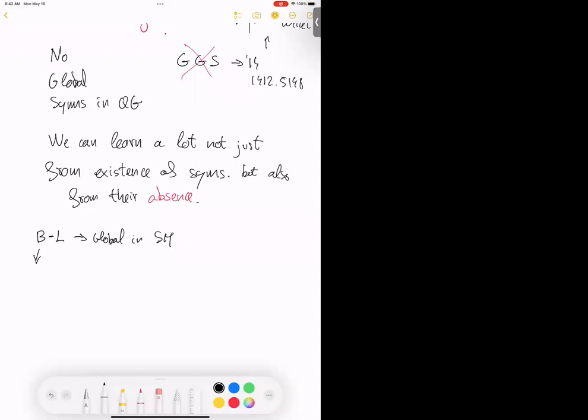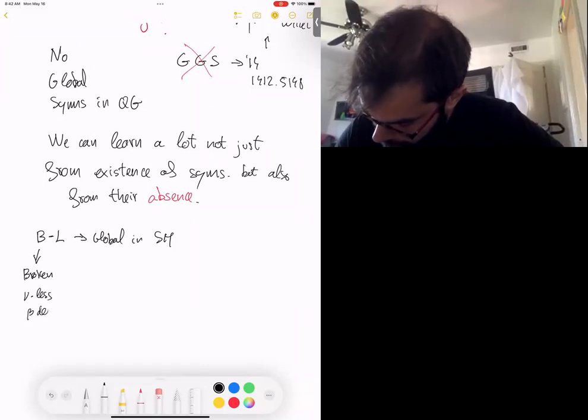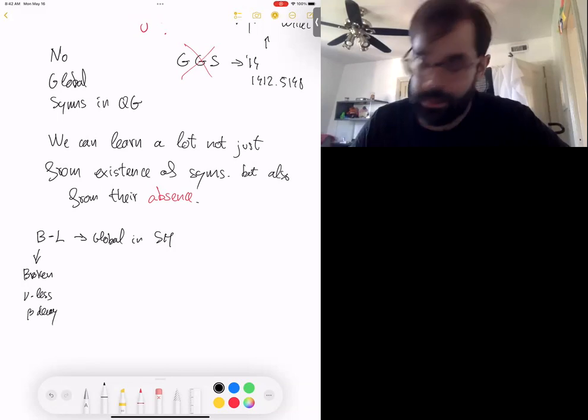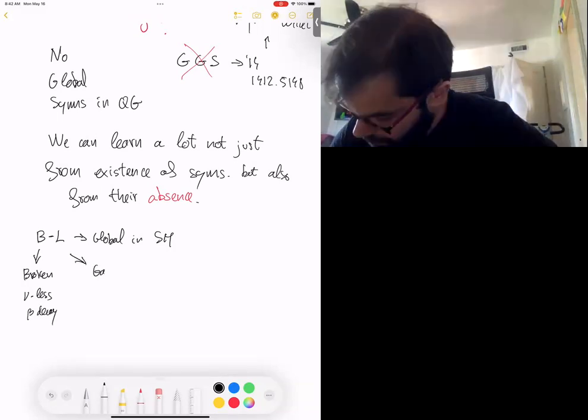So if it's broken, that means that we should observe processes that tell you how the symmetry is broken. Like for instance, neutrinoless double beta decay. That's a process that breaks B minus L. The other possibility is that it's gauged.